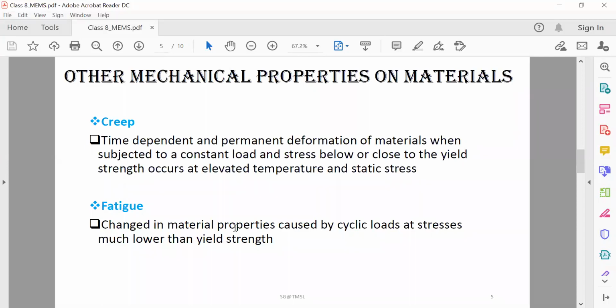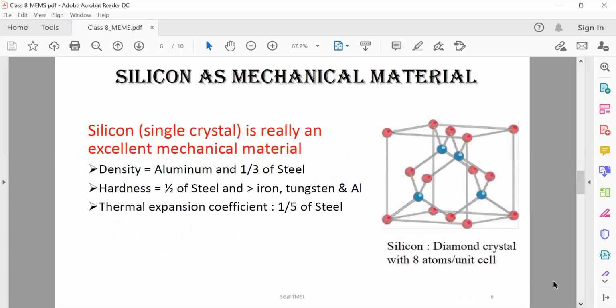Like I said earlier, different materials can be used: silicon, metal, metal alloys. Silicon is a mechanical material, and our main focus in including this material is the silicon substrate, because most of the devices are based on silicon material.